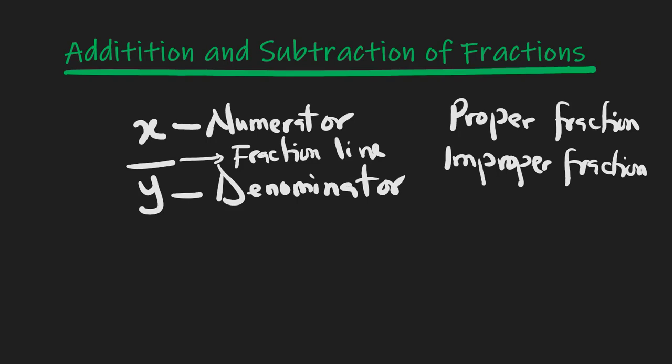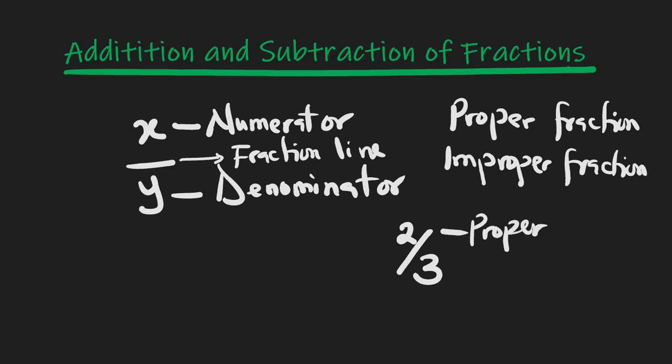So whenever you have, for example, 2 over 3, this is a proper fraction. Why? Because the denominator here can carry the numerator, so the number at the bottom can carry the number at the top. We now say it's proper, right?